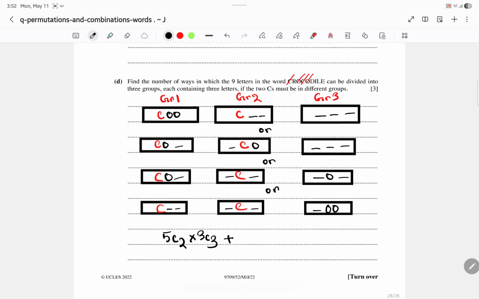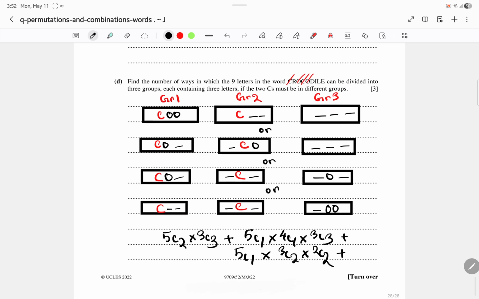So we're going to add this with, there's 2 here, so remaining will be 5C1 into 4C1 into 3C3 for the second. Or for the fourth, there's one gap here, so 5C1 into, there's 2 now, so you subtract 5 minus 1 is 3, 3C2 into 2C2.